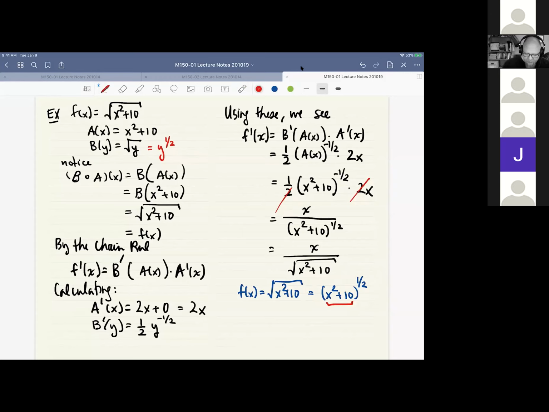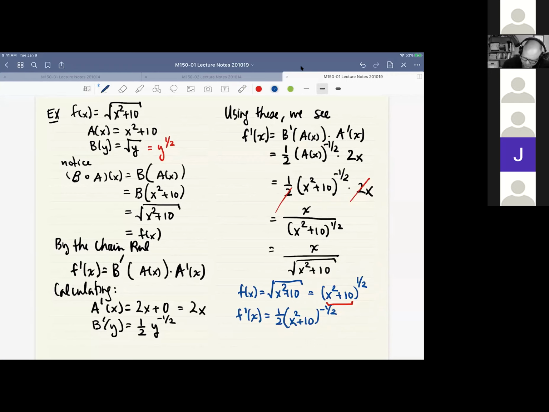But then you're going to say, okay, by the chain rule, the derivative is this. Well, you're going to differentiate the outside function. So 1/2 times x squared plus 10 to the minus 1/2, right? And you're going to leave the inside stuff alone, right? Because in the chain rule, you leave that inside stuff alone. So here you're using the power rule, you're getting your new coefficient and your new exponent.